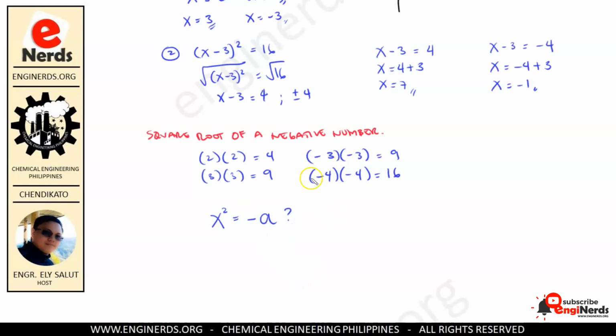So, base dito, hindi siya possible, no? And then, if that is the case, since roots are the inverse operation of exponent, is it possible to have a square root of a negative number? Is it possible to have an answer? Well, if you can see on this example, it is not possible.